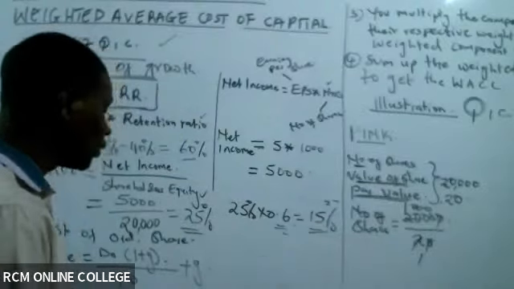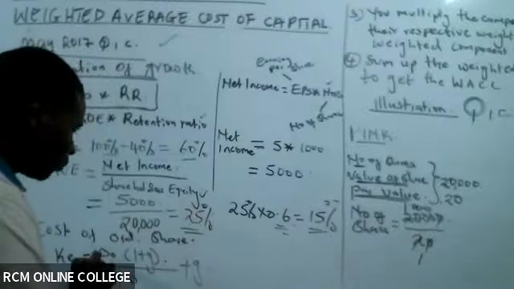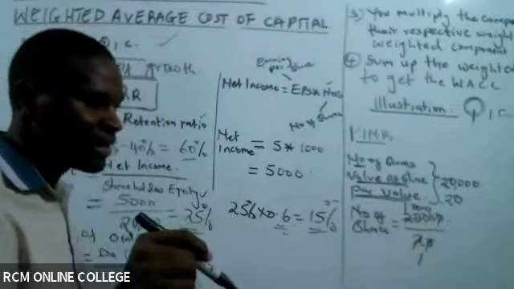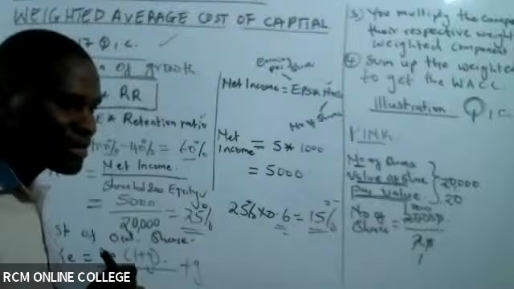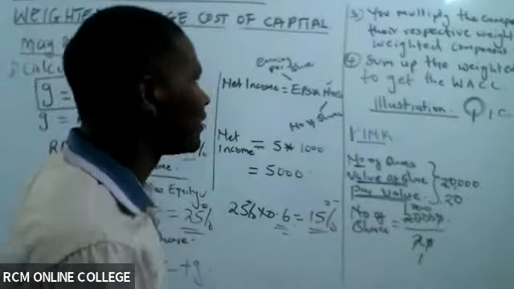What we don't have yet is our D0. D0 we said is the current dividend. Whatever we have here is the earning per share. So how do we get the current dividend?